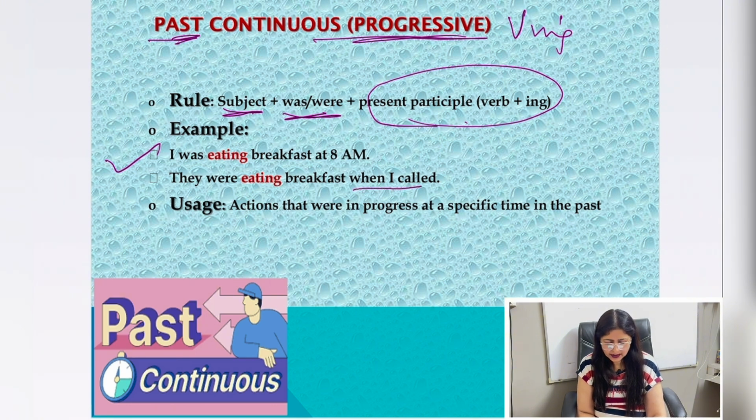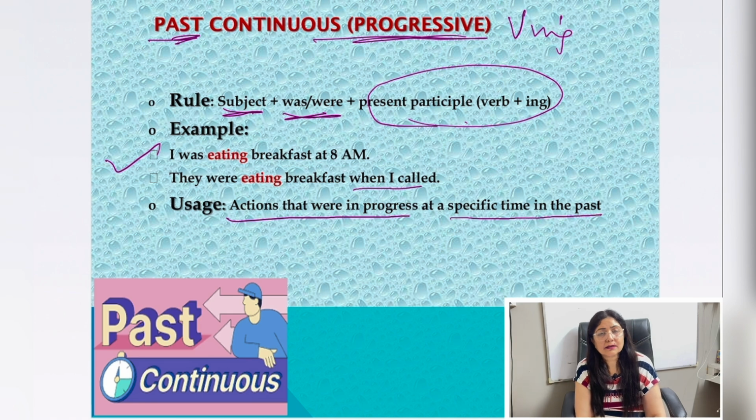Actions that were in progress at a specific time in the past. When I called you, you were playing at that time. So what were you doing at that moment of time in the past? You have to make use of past progressive tense or past continuous tense.